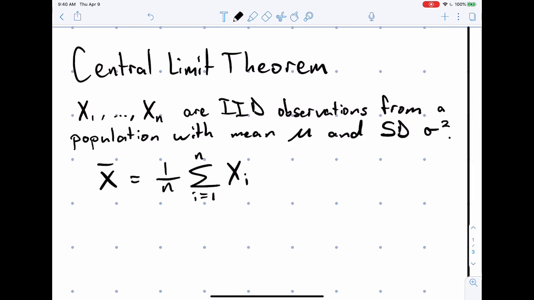Consider the sample mean that we've observed before. This is a function of a bunch of random variables, so here we're thinking about the sample mean as being a random variable.